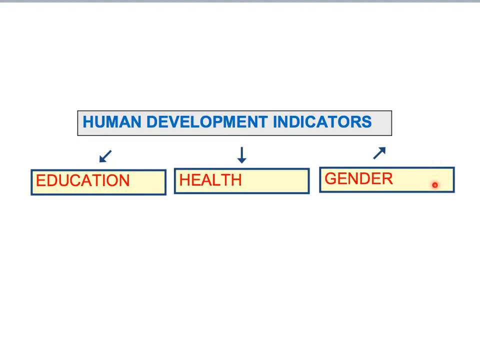health and gender equality. So for example, indicators of development in terms of education might include looking at the percentage of school-aged children who are attending school, or we might look at the literacy rate, the proportion of the population who can read and write. Indicators of health and development would include things like life expectancy, child and infant mortality rates, maternal mortality rates, and access to healthcare services.